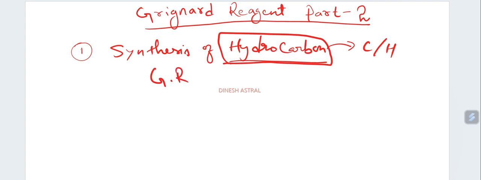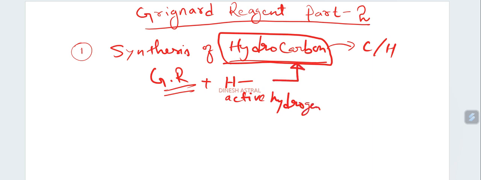I'll tell you one general concept: whenever Grignard reagent reacts with any compound that has got active hydrogen, always remember the main product will be hydrocarbon. Now let me tell you what is active hydrogen.